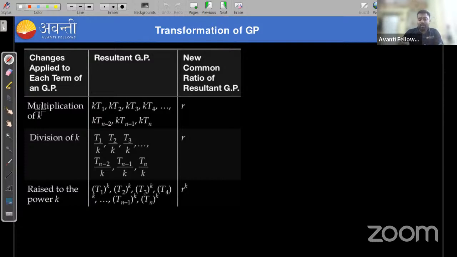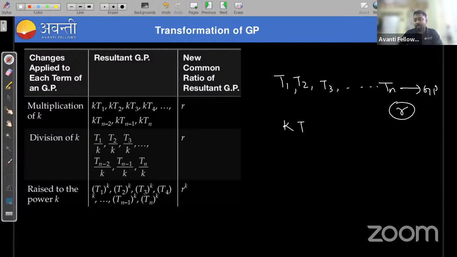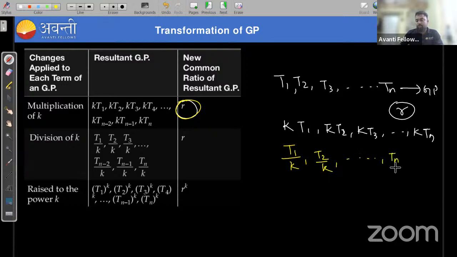Suppose you have n number of terms in GP, T1, T2, T3 up to Tn, with common ratio R. If you multiply a constant K with all the terms of the GP, then the common ratio will be unchanged, that is R. Similarly, if we divide all the terms by a constant, the common ratio will not change and will remain the same, that is R.